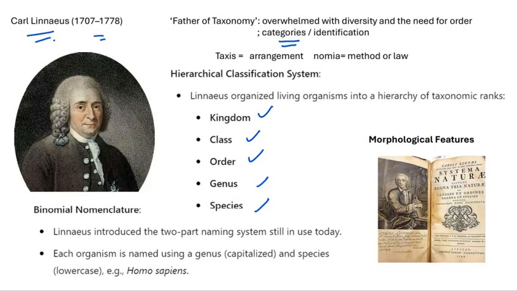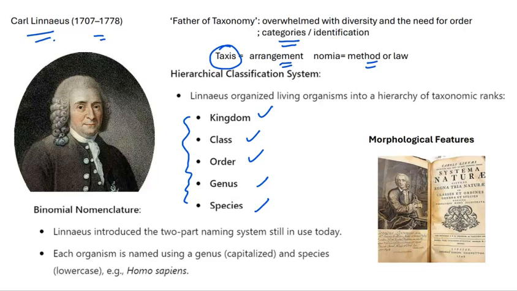The roots of the word taxonomy lie in taxis, which is to arrange, and nomina gives us the method. So the method of arrangement is seen in this hierarchical structure of the kingdom, class, order, genus, and species.